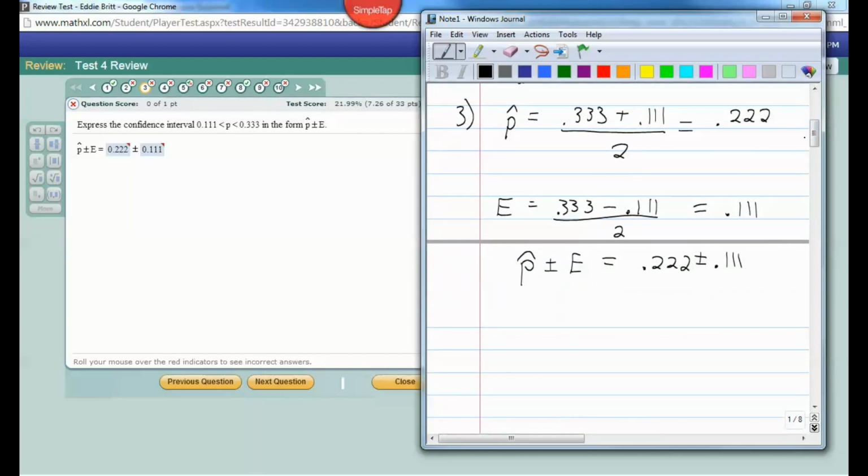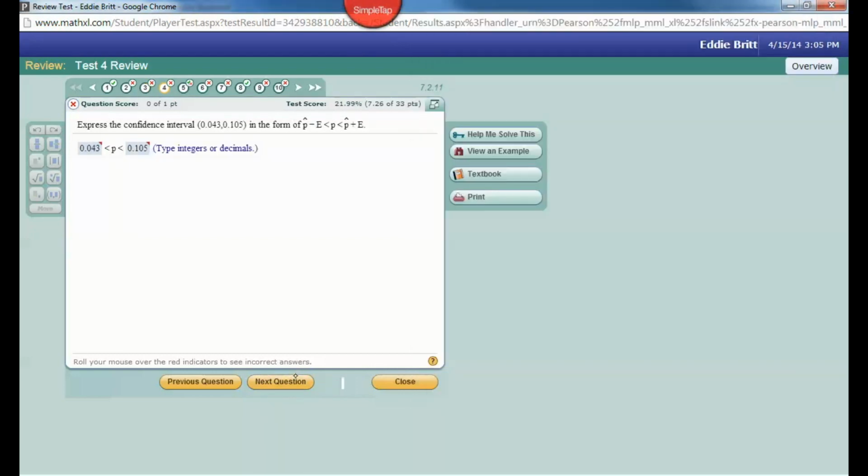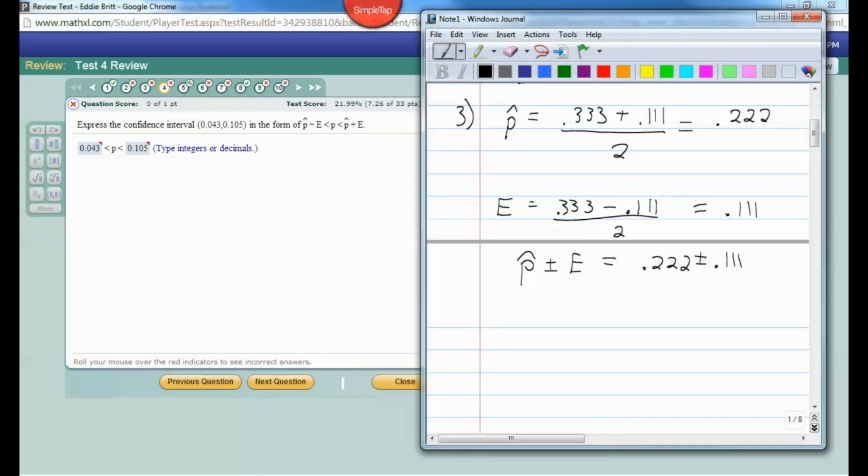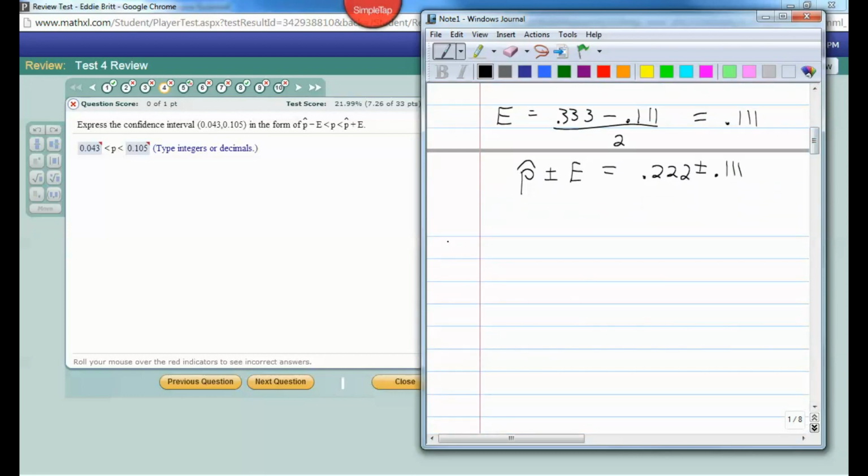Okay. Let's go to the next problem. Number 4. Express the confidence interval 0.043 and 0.105 in the form p hat minus e is less than p is less than p hat plus e.